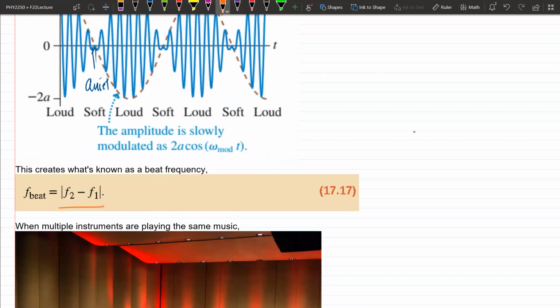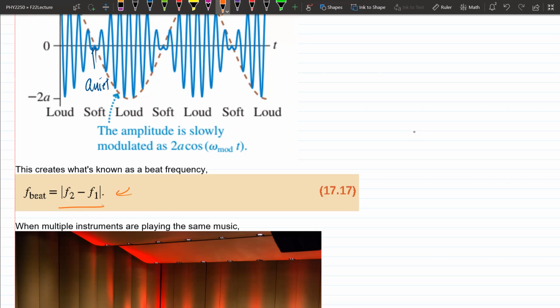And calculating the beat frequency is a pretty simple formula. This is the one you want to use in the test or something like that. The beat frequency is just the difference between the two frequencies. So if I have 440, and I was able to lower the frequency of this tuning fork by 3 hertz, that means it's going to be 437 instead.